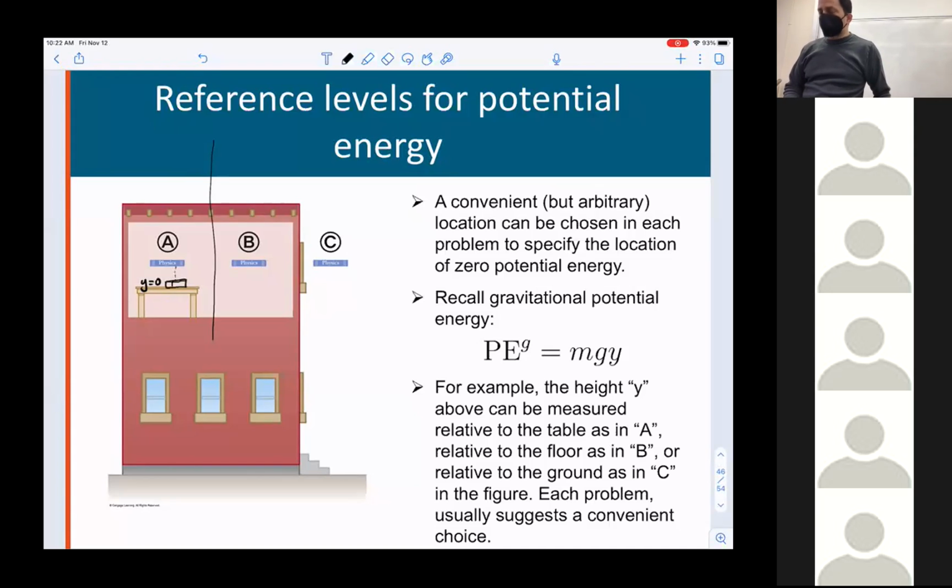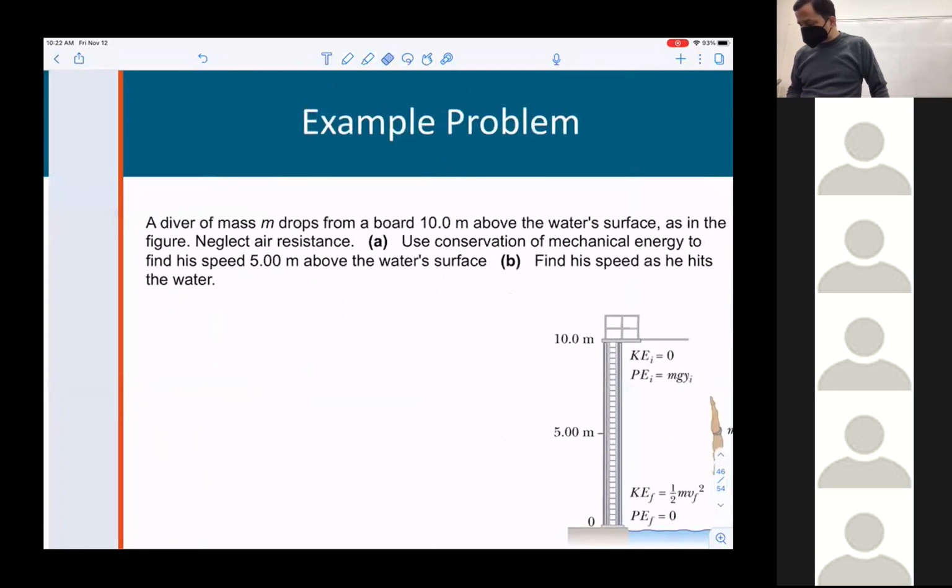It doesn't matter where I call the y equaling 0. The thing that's going to appear in your definition is this delta y, this difference in the height, right? Because it'll be mgy final minus mgy initial. So it's not going to matter where exactly you set your y equaling to 0. And what appears in all the physical equations is always the change in the potential energy. So that's the statement.